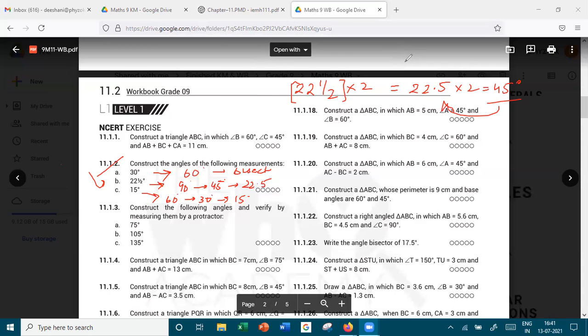Ma'am, we also have to do the third one, right? But finish the second one first. Send that to me, then we'll go on. Yes, I did it. You sent it? Like 11.1.2, right? Yeah, that's done.